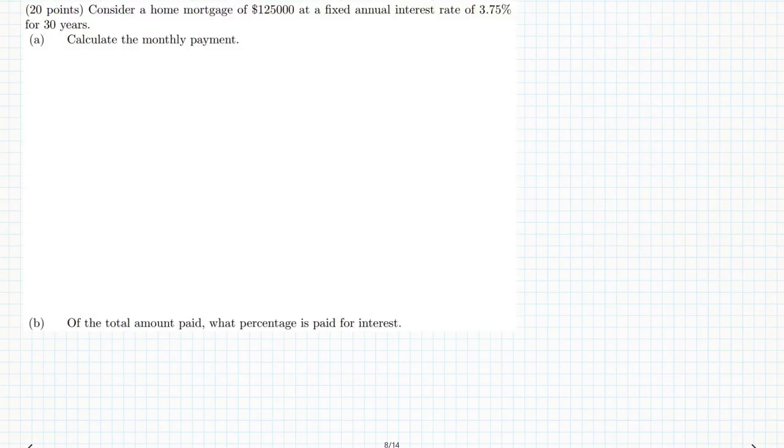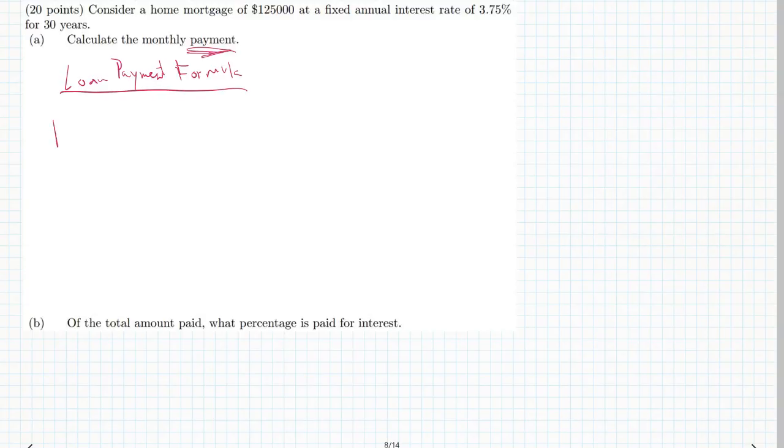Consider a home mortgage of $125,000 at a fixed annual interest rate of 3.75% for 30 years. Calculate the monthly payment. So notice we're talking payments. So this is the loan payment formula. Now there are all sorts of variations of how this is written, with different letters.